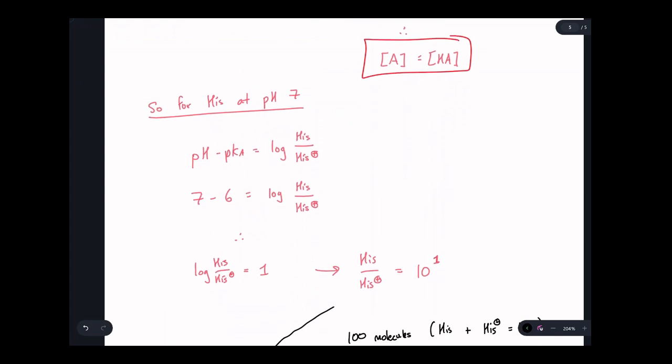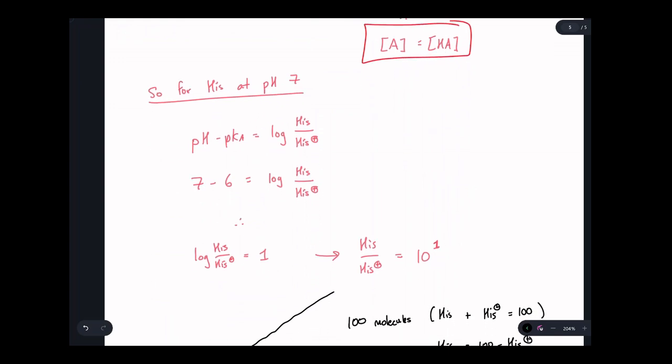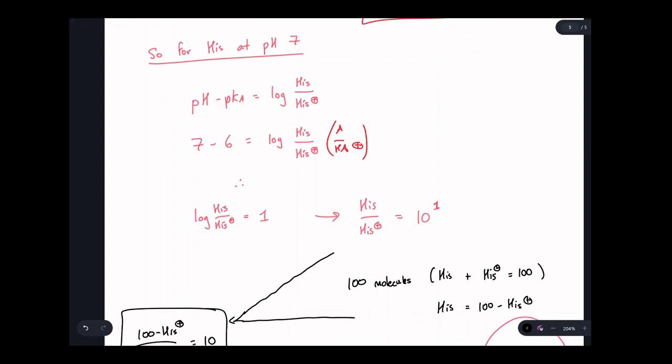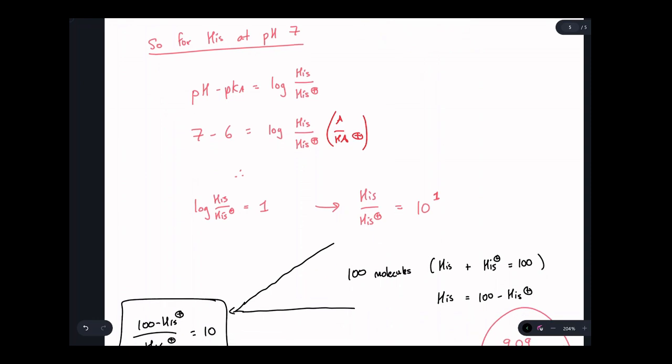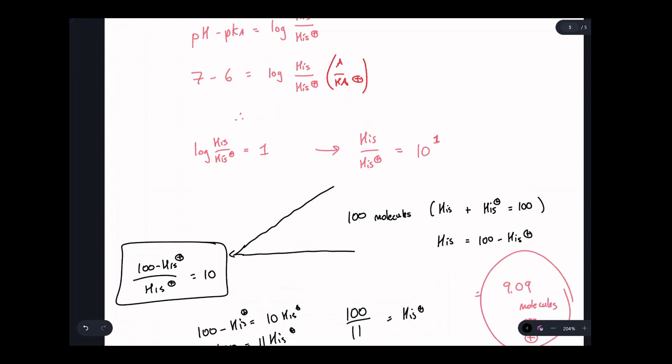So we can actually rearrange this. If I know the pH is 7 and the pKa is 6, I take the log of the two values. Here I put His over His+ because it's A over HA, and the HA form of histidine is positive. Therefore, the log of His over His+ is 1, and you can basically solve for 100 molecules of histidine.